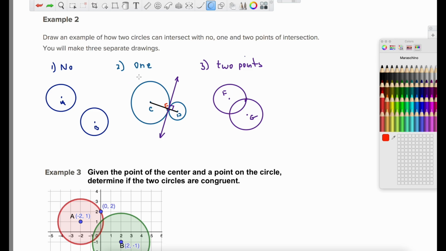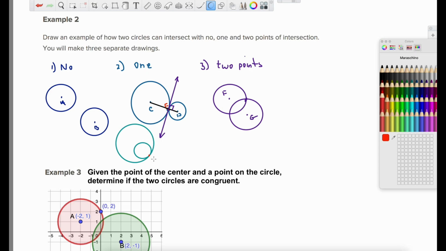I'm going to note here, on the one intersection, we could have also drawn this another way. Alternate way we could have done this. How about we get a different color here? So we could have done a circle inside a circle, and they have one intersection here.